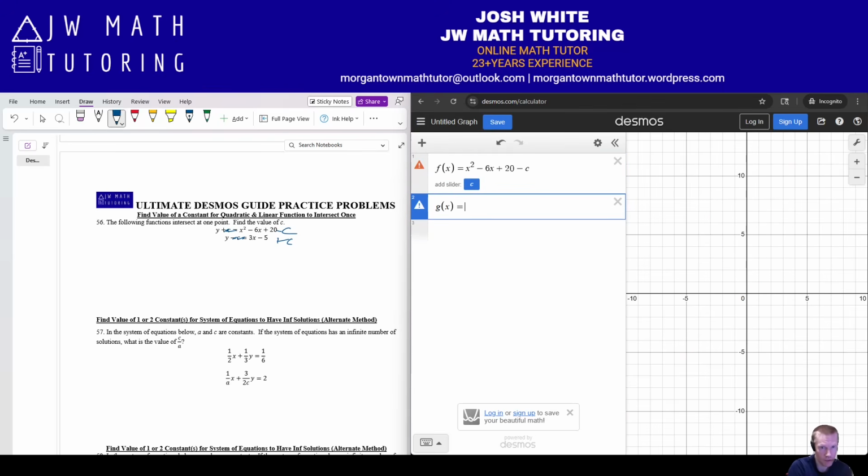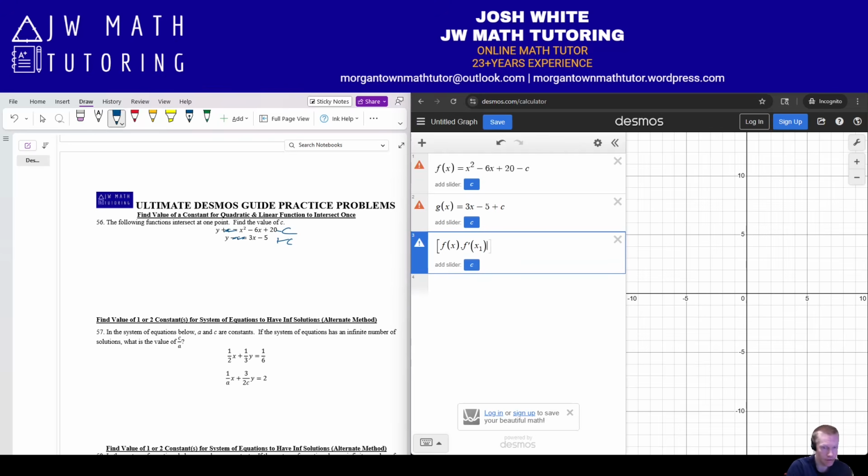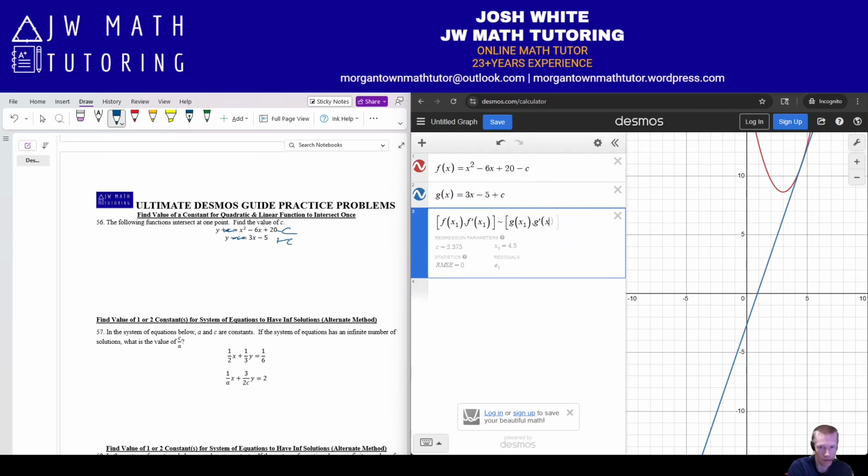So there's the first function. Here's the second function, f of x, f prime of x. Remember to use x1. Regression, g of x1, g prime of x1. Okay, and here we have the value of c, which is 2.375 or 19 over 8.